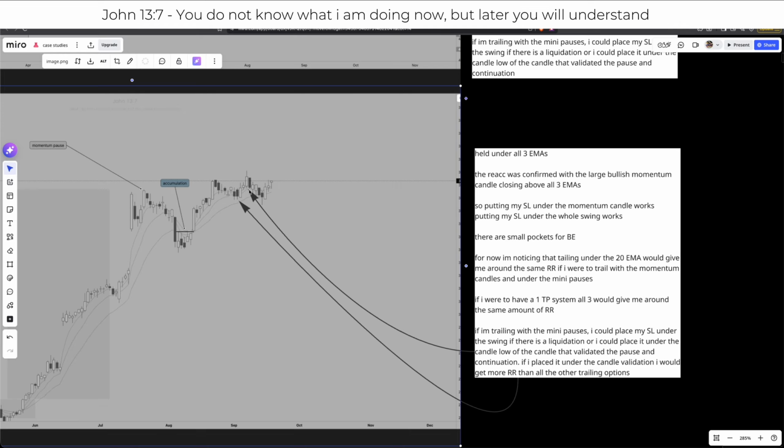So with this example, if I put my stop loss under here, it would give me more RR than following the momentum candle, because if I follow the momentum candle, it's just under here, I get taken out here. If I follow the 20 EMA, I get taken out here. If I follow the swing, I get taken out here.